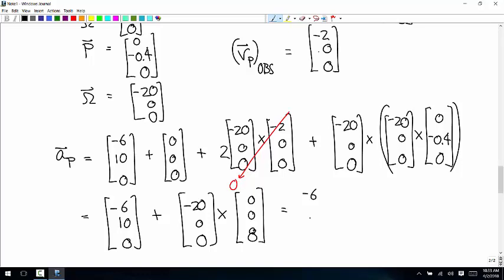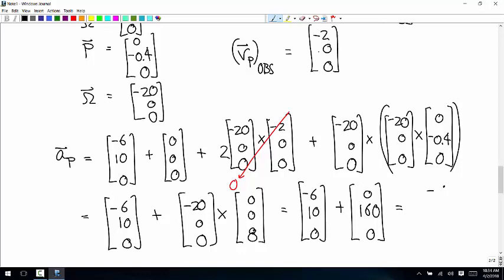And so that's negative 6, 10, 0, plus positive 160 for y. And so the total acceleration is negative 6, 170, 0 meters per second squared.